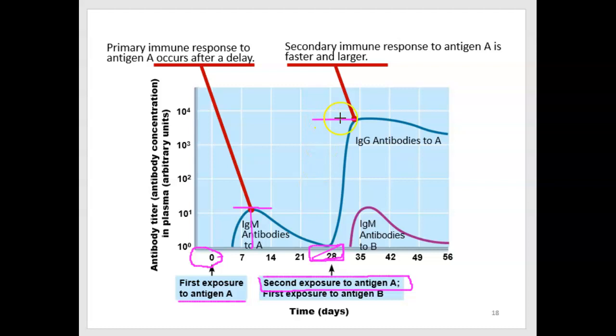So this second type of antibody that's made is IgG. But that's just the class. It's still specific to type A antigen.